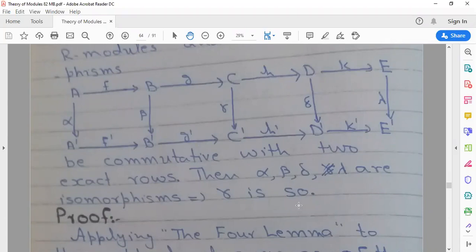Lemma 5 states that when alpha, beta, delta and epsilon are isomorphisms, then so is gamma. What is gamma? Gamma is also an isomorphism.